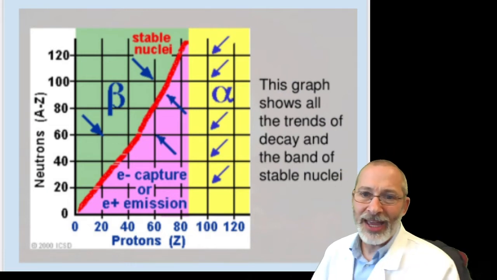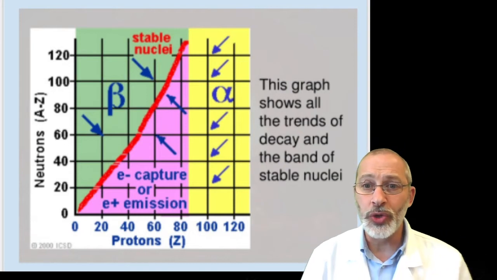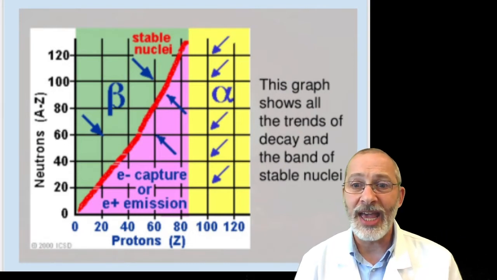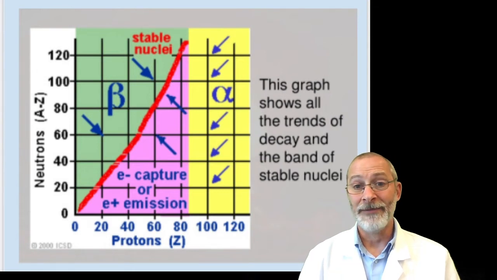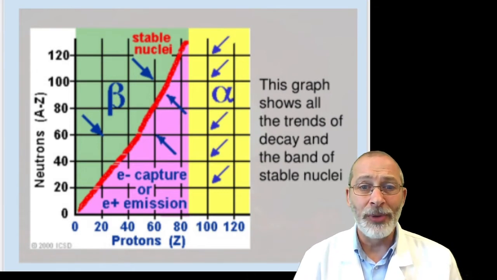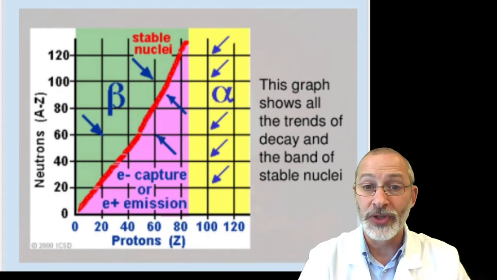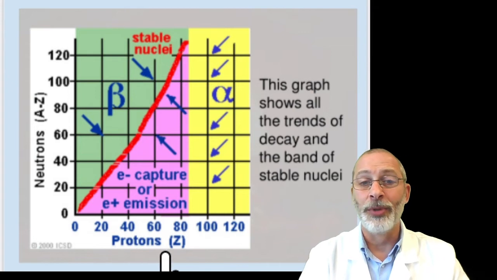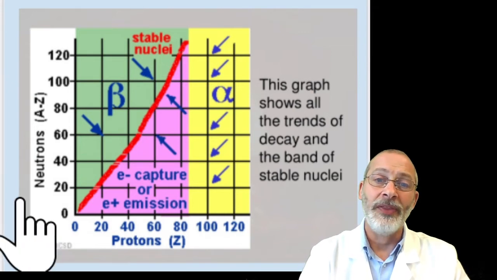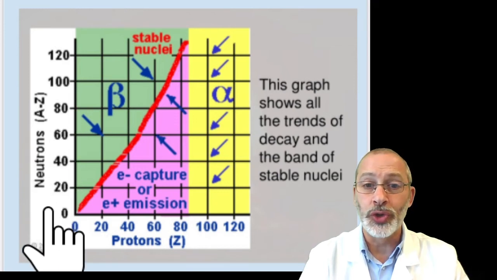Here's a little diagram that is a graph that shows the trends of decay and the band of stable nuclei. Now, I'm not going to ask you to memorize this, but if you look at it, some of you might be able to grasp what's going on. On the x-axis, we have the number of protons. On the y-axis, we have the number of neutrons.